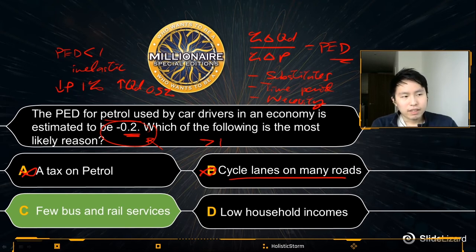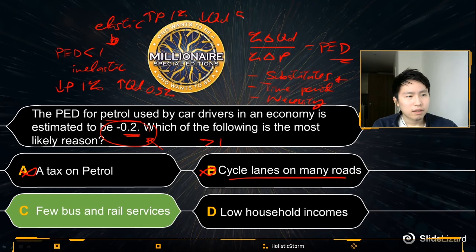And the reason why it would be more elastic if there are more substitutes is because, say, for elastic, if you increase price by 1%, then you would buy a lot less. So the quantity is very sensitive to the price if it is elastic.